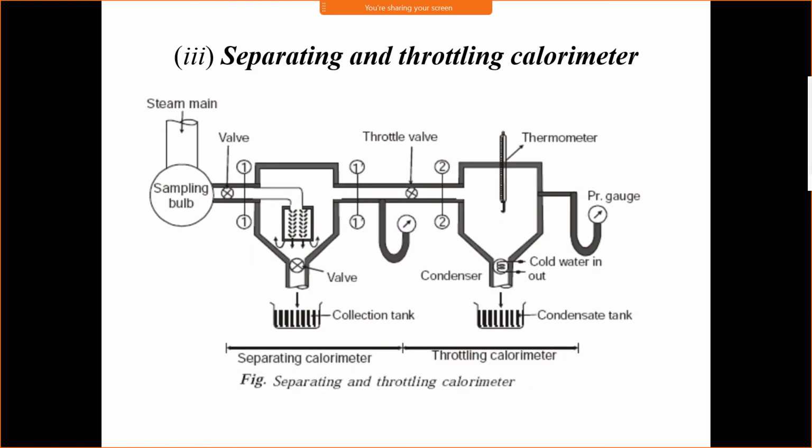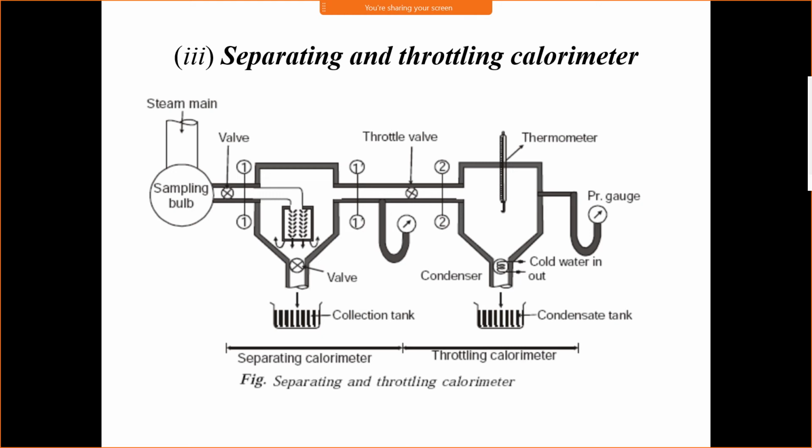Now third is a combination of separating and throttling calorimeter. Before this we have seen the throttling calorimeter and the separating calorimeter. They are used when steam is not much wet. If steam is not much wet, you can use either the separating calorimeter or the throttling calorimeter.